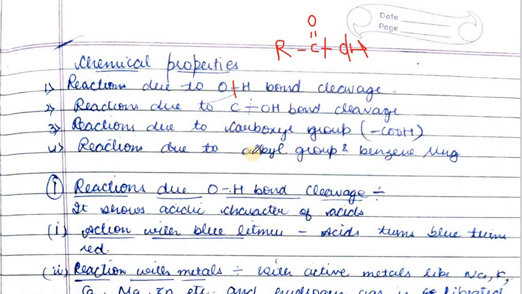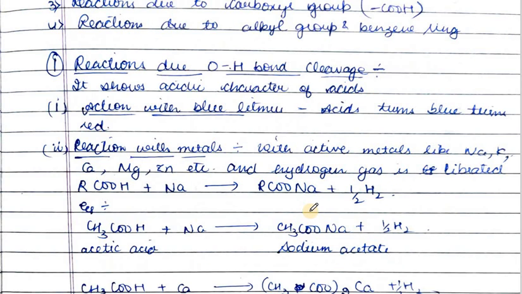First is the reaction in which the OH bond breaks, that shows the acidic character, and acidic character we have done in detail, that is, carboxylic acids are acidic in nature. The reactions which show its acidic character are, first, the reaction with blue litmus solution.